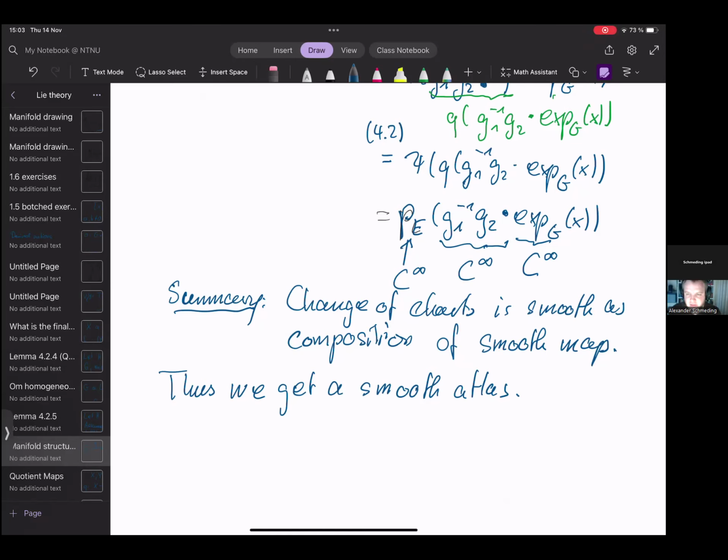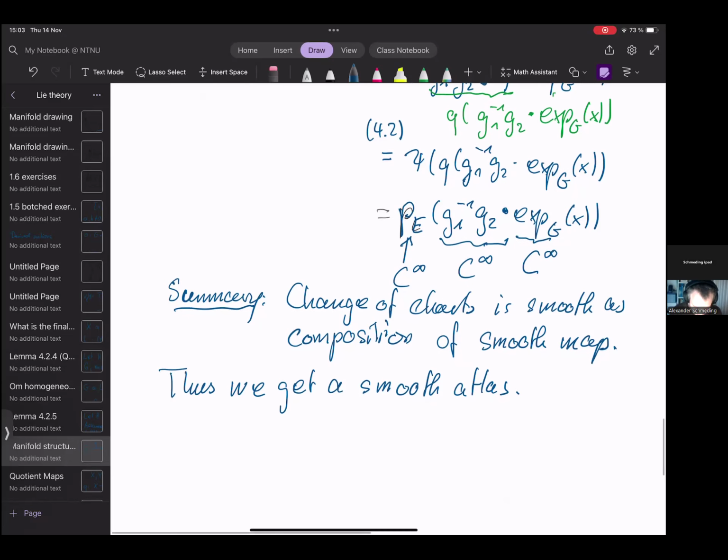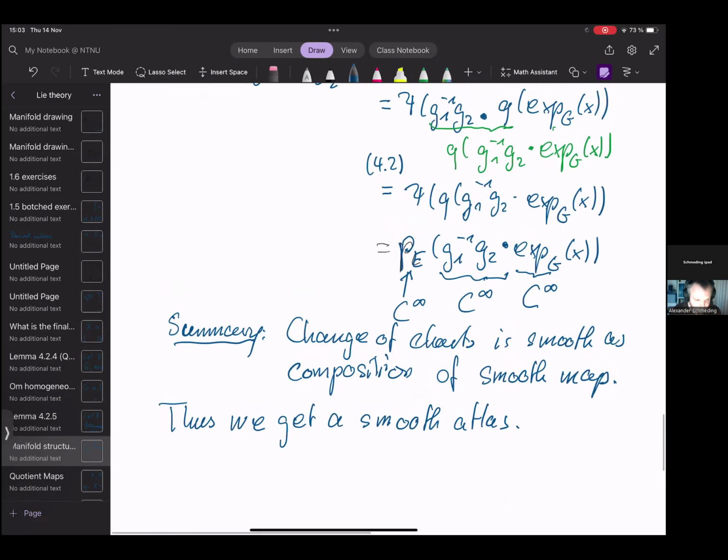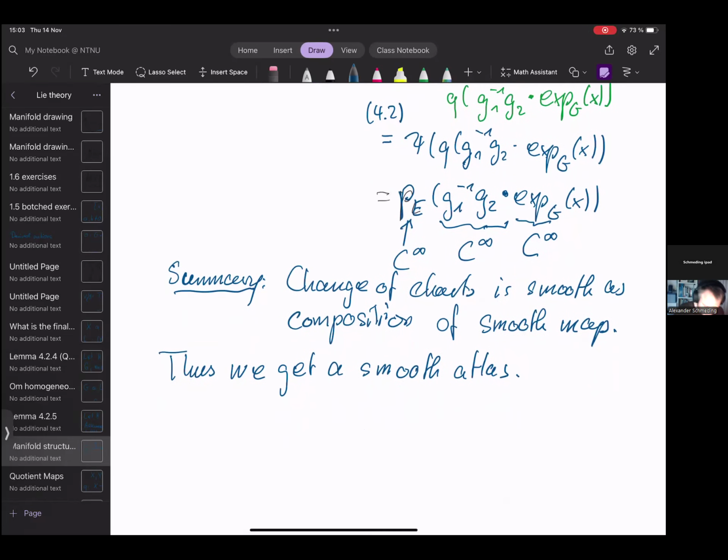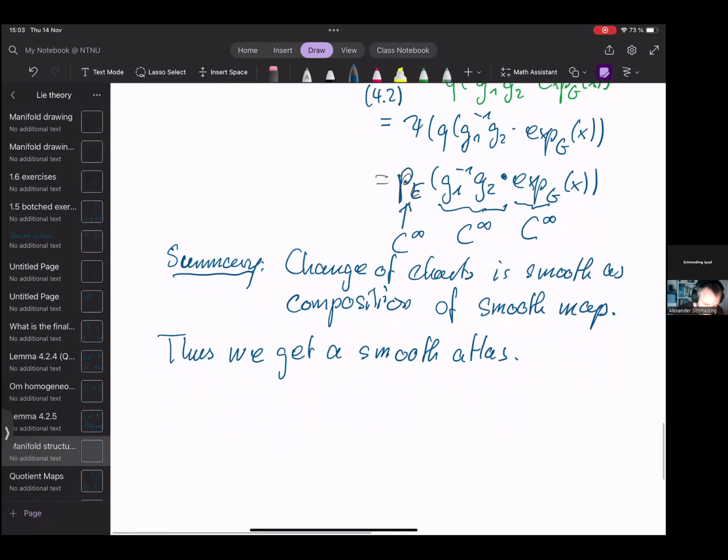Now let's continue. We have a few more things to do. Namely, we need to see that the quotient map is a submersion, and that the action of the Lie group on the coset space is actually smooth, i.e. it's a Lie group action. And for this, we need an auxiliary result. So step 3, we prove smoothness of the mapping sigma G we have already seen.